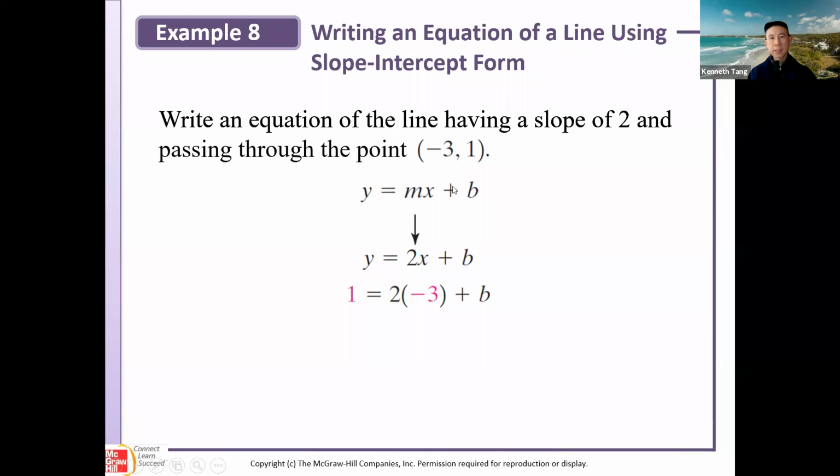To find out what the b is, I'm going to substitute that point into the equation and solve for b. And b equals 7. Therefore, your slope-intercept form for that equation is y equal to 2x plus 7.